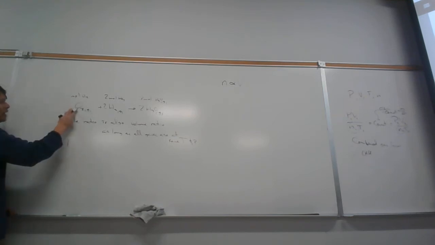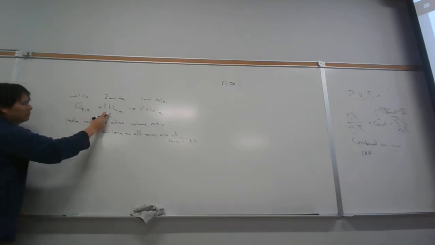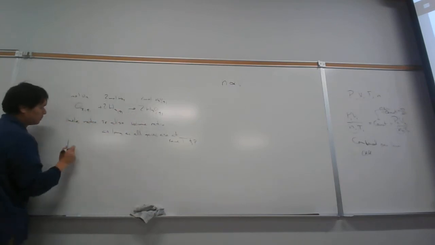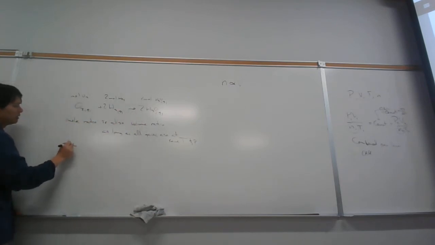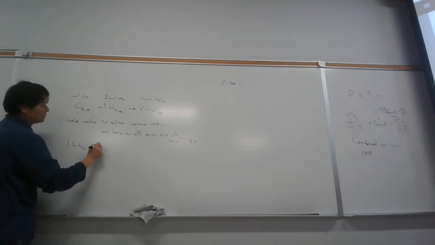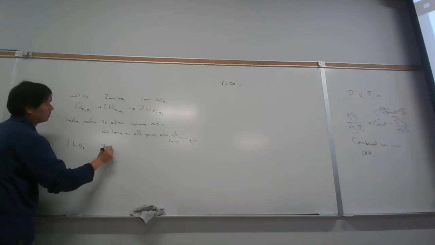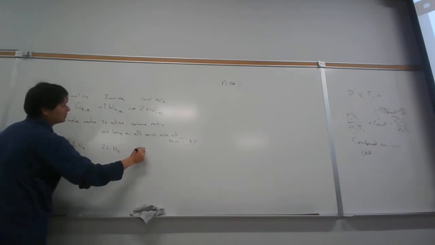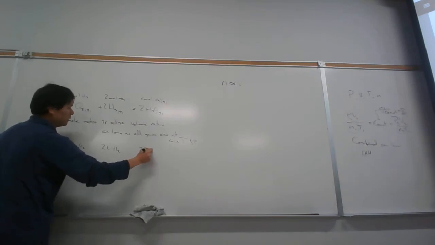This could be 1 gallon of O2, 2 gallons of H2, yields 2 gallons of water, but we use liters mainly. So 1 liter of O2 plus 2 liters of H2 will give us 2 liters of H2O gas.